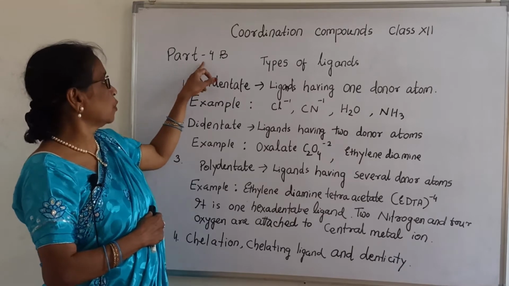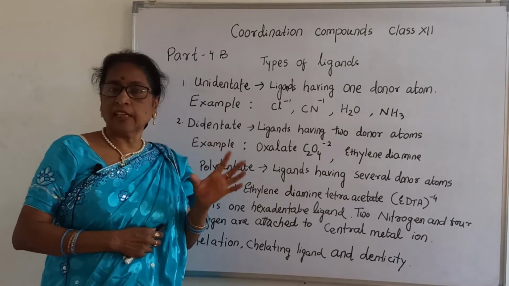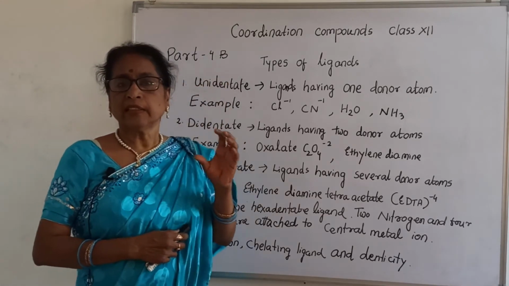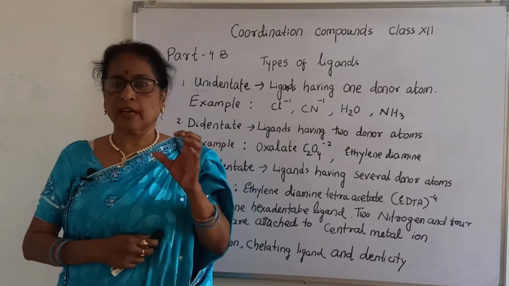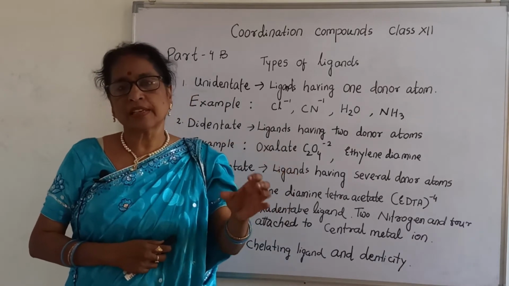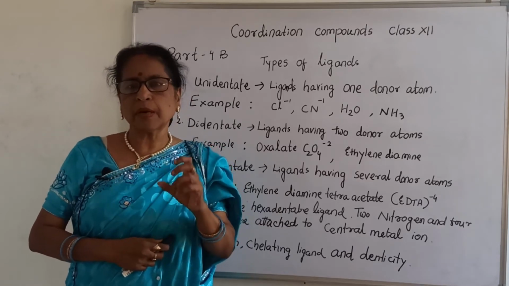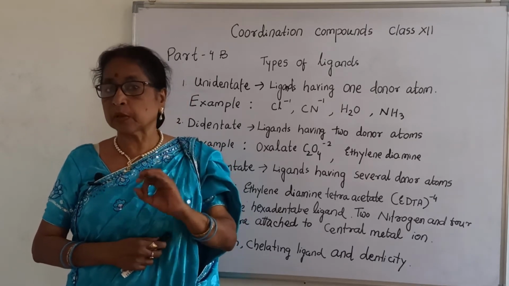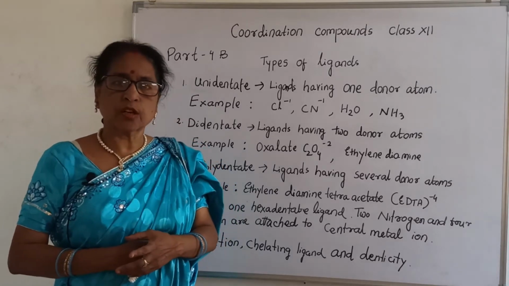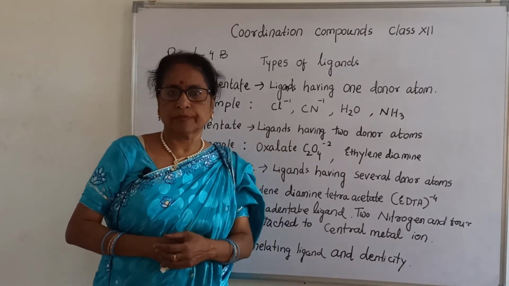This is part 4B. And what is ligand? Ligand means one which can donate an atom to the central metal atom or ion through the coordination bond, and the number of ligands fixed for a particular metal is called the coordination number.